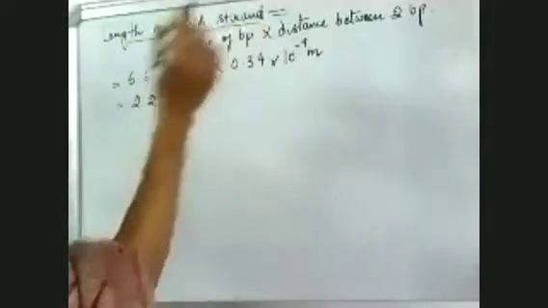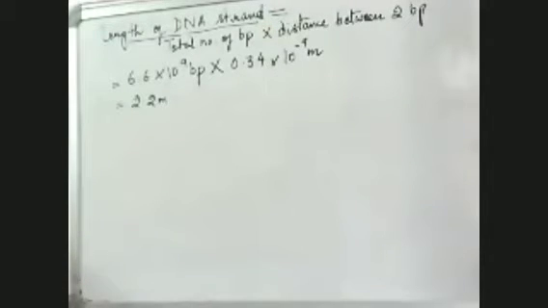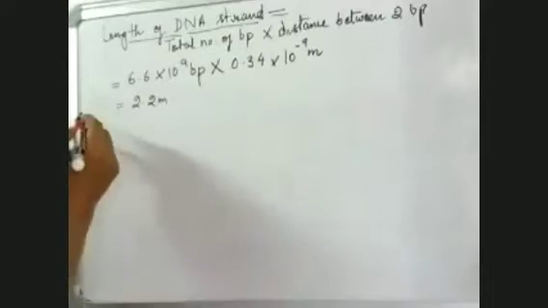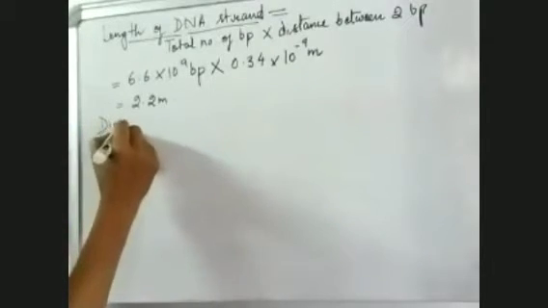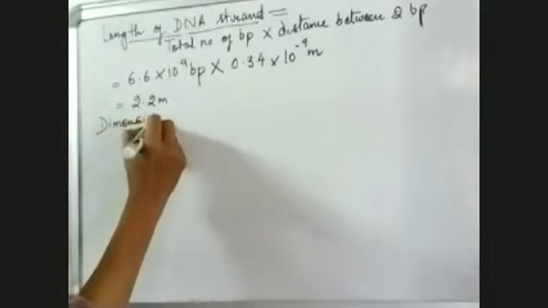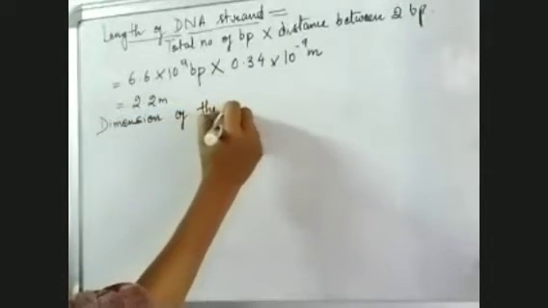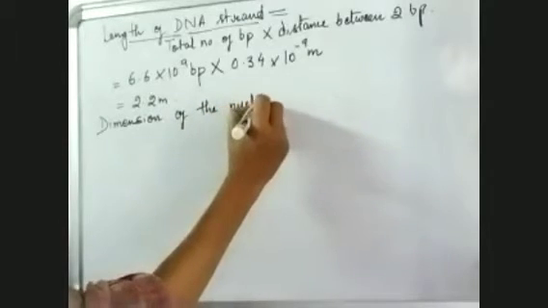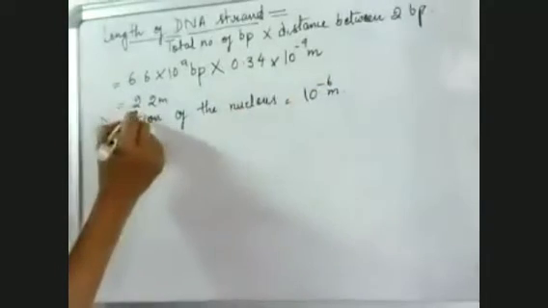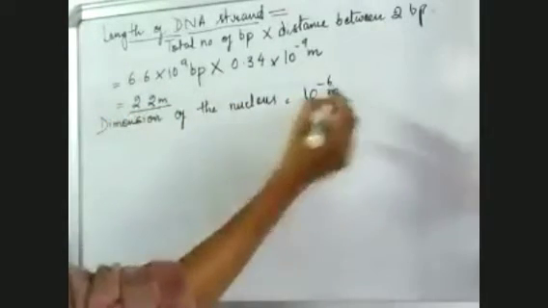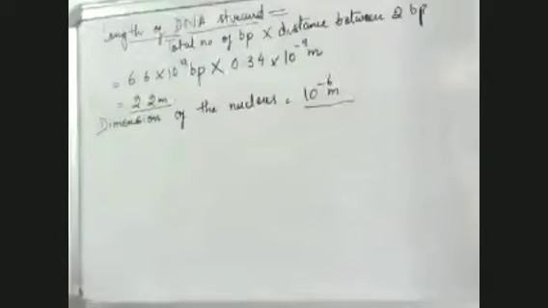So see, the length of DNA strand is so big, and such a big DNA strand, which is 2.2 meter, fits in a nucleus. The dimension of the nucleus is 10 raised to power minus 6 meters. So such big DNA, how can it fit in the nucleus of this dimension?